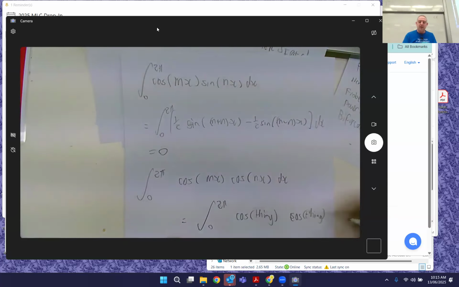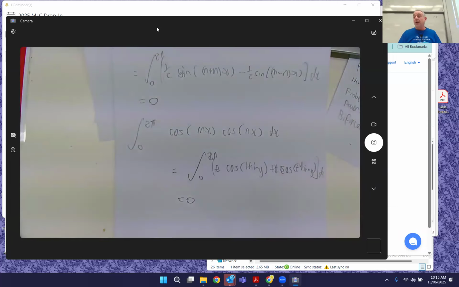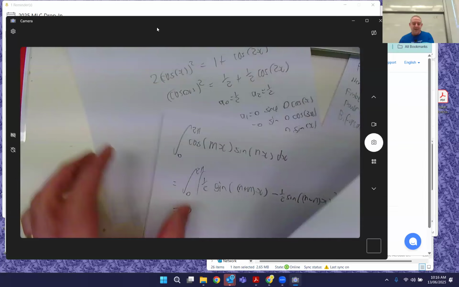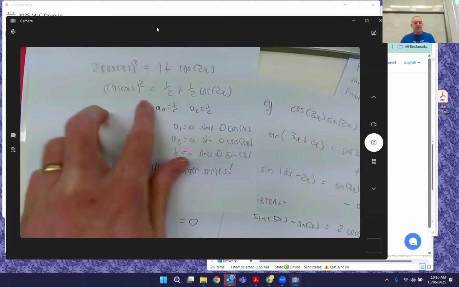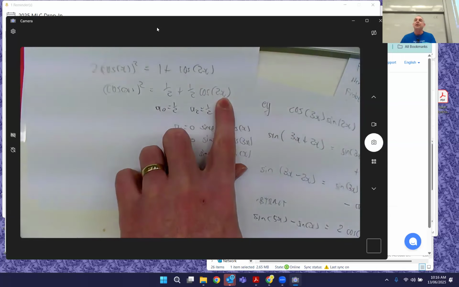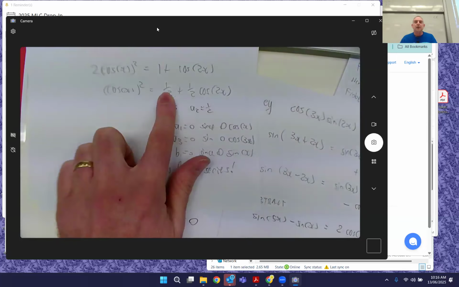There'll be cos of something and cos of something, with a number in these spots. And that will come out to also 0, except in the very special and only case that these two numbers are the same. In which case you'll have cos of mx squared, which will come out to this trig identity. There'll be an mx, and that'll be 2mx here. And so you won't get 0. You'll get half.